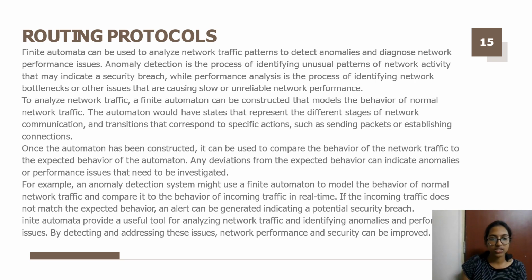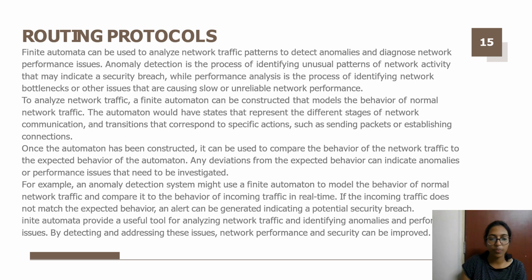To analyze network traffic, a finite automaton can be constructed that models the behavior of normal network traffic. The automaton would have states that represent different stages of communication and transitions that correspond to specific actions such as sending packets or establishing connections.